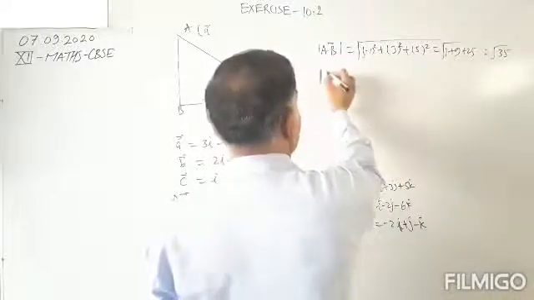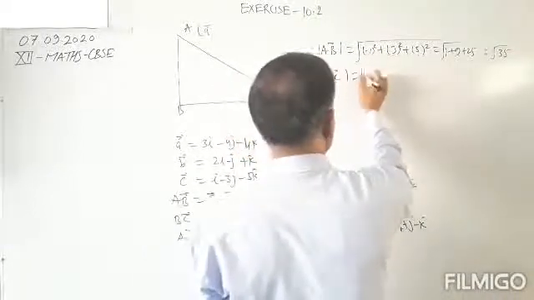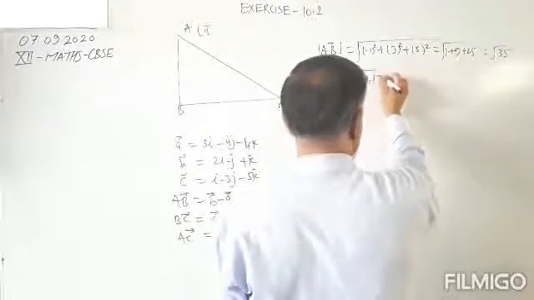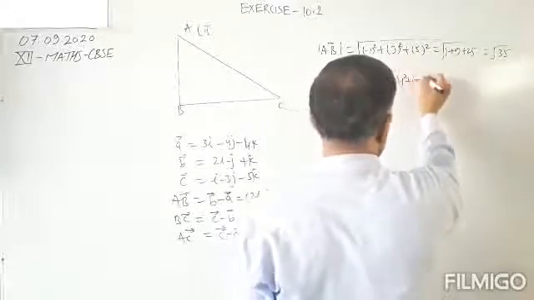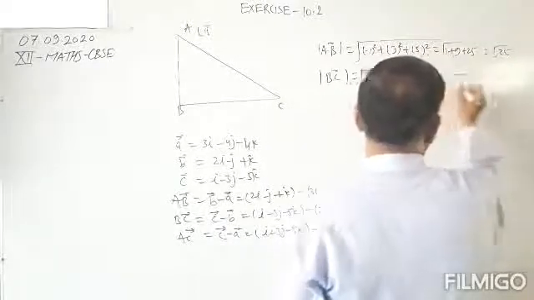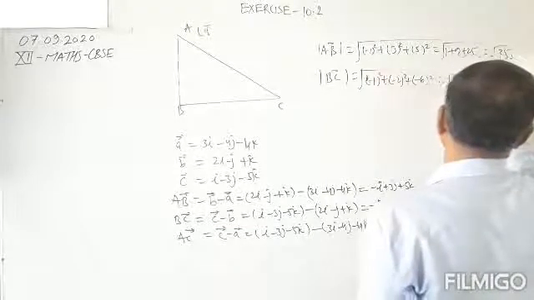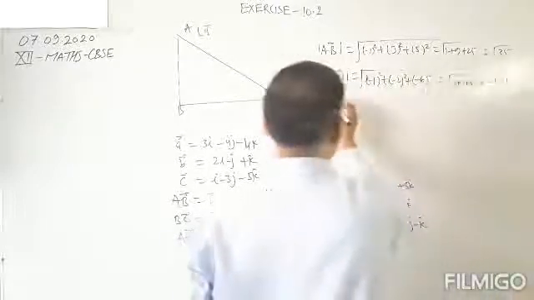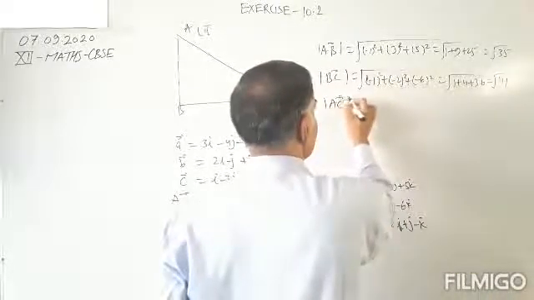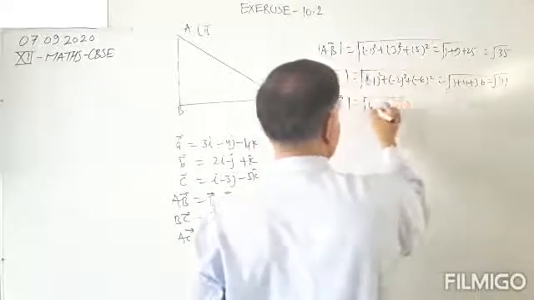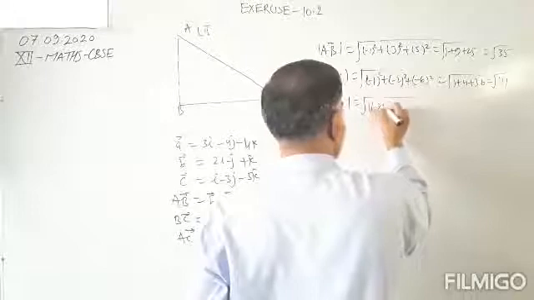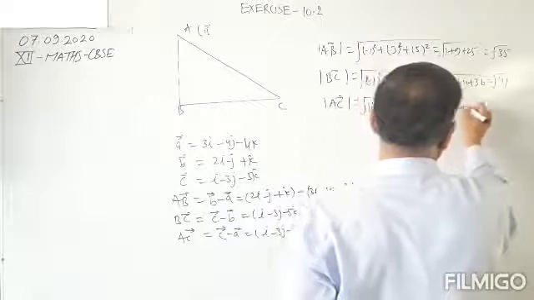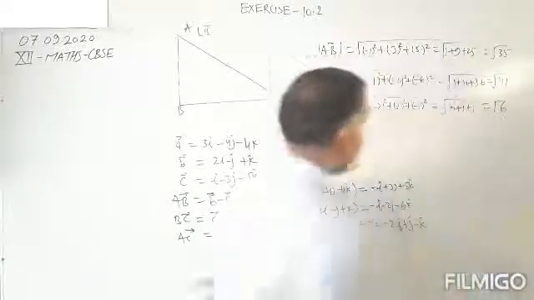Then magnitude of BC vector is equal to under root of minus 1 square plus minus 2 square plus minus 6 square, equals under root 1 plus 4 plus 36, that is under root 41. And lastly AC vector is equal to under root of minus 2 square plus 1 square plus minus 1 square, equals under root 4 plus 1 plus 1, that is under root 6.